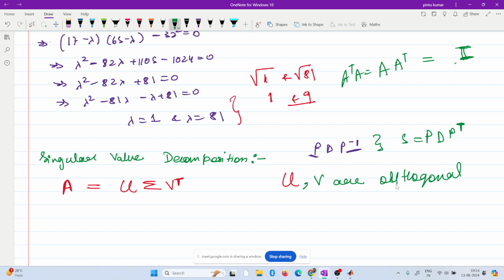Your matrices U and V are orthogonal, and your matrix sigma is not actually diagonal, but yeah, it is sort of diagonal. So we'll see what they are.